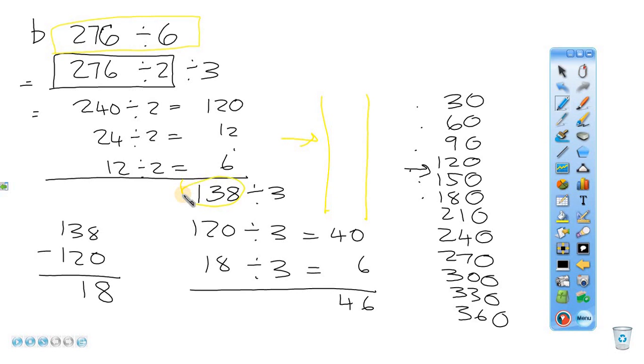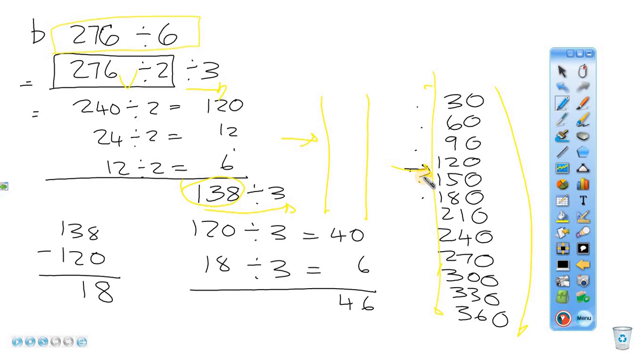We were finished with the 2, so we went on to the 3, and then we took 138 divided by 3. Again, your first step to division, write out your 3 times tables, and then we put a 0 at the back, and then we found the closest number to be 120.